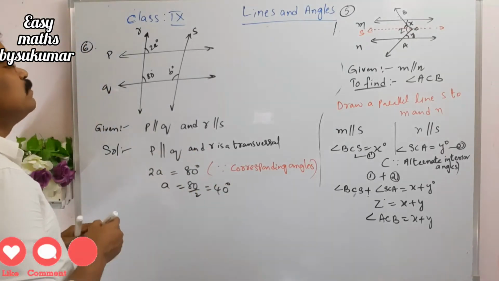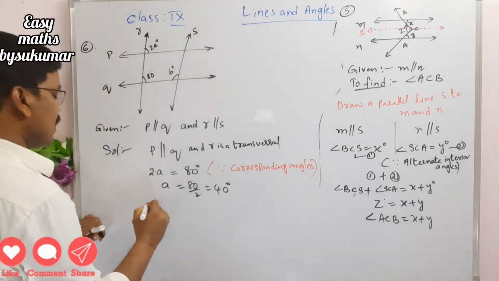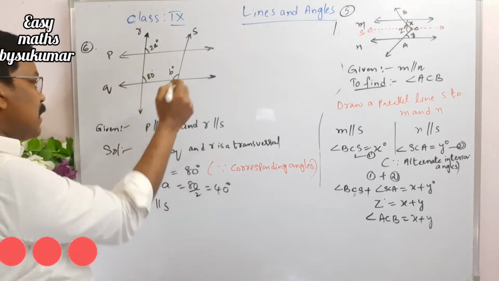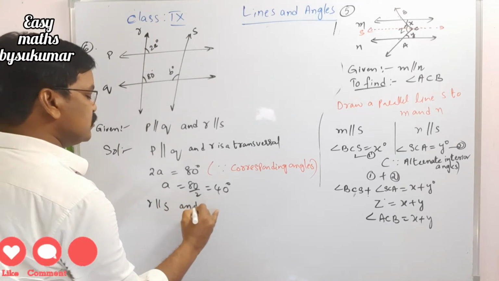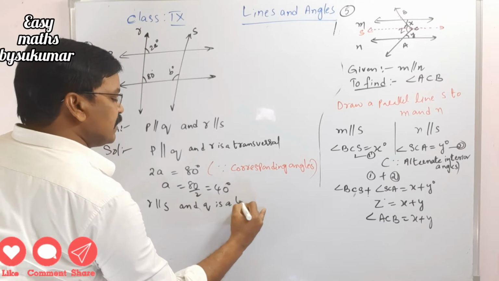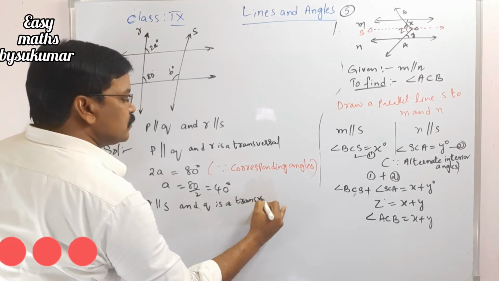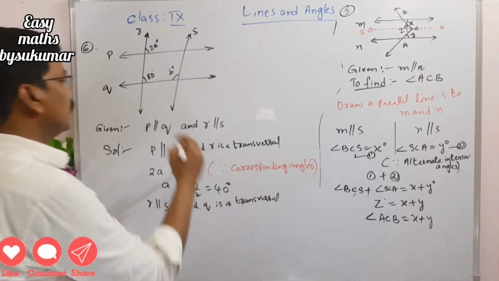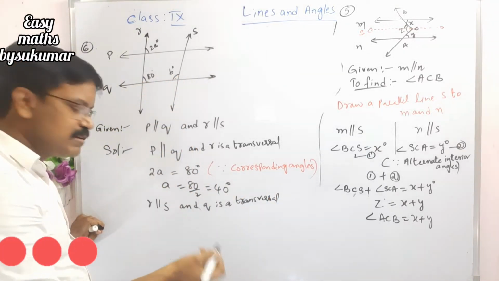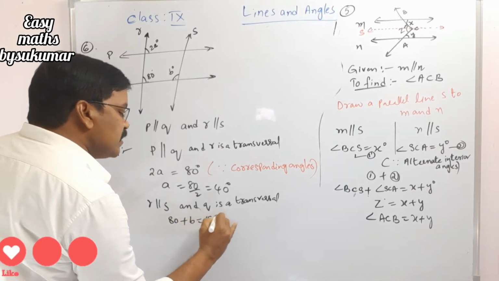Now we have to find the b value. Since r is parallel to s, these r and s are parallel and q is a transversal. The sum of these two interior angles is 180 degrees. So 80 plus b is equal to 180 degrees.